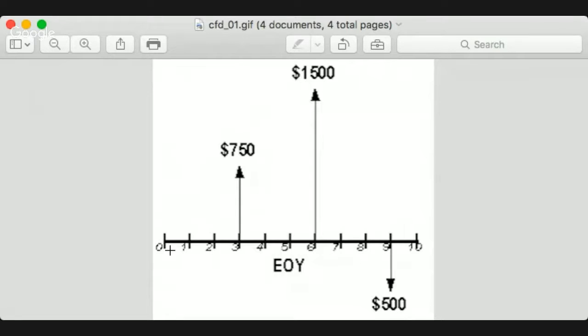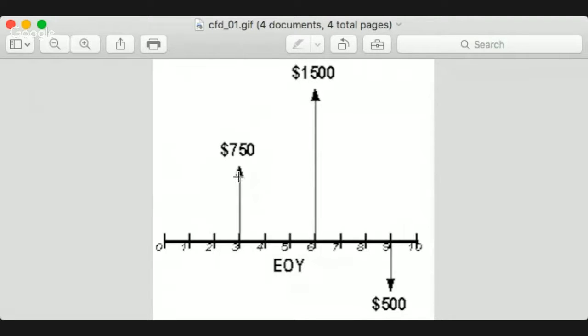So I'll have the interest rate, and here's a question. If we were to deposit, how much would we deposit today so that we would have $750 in 3 years from today? That's kind of the question we would be asking.